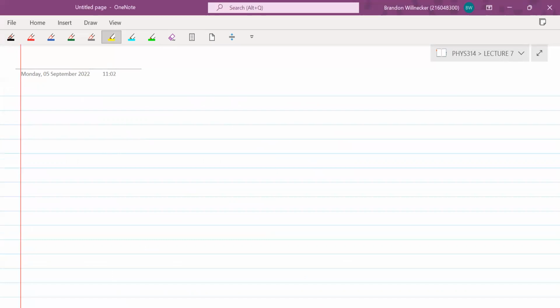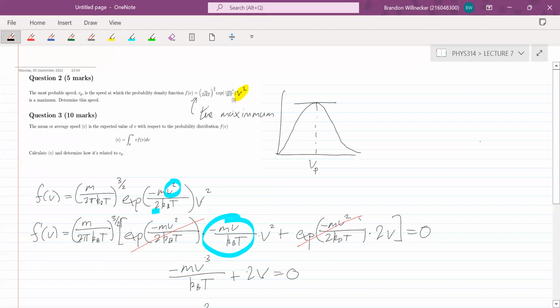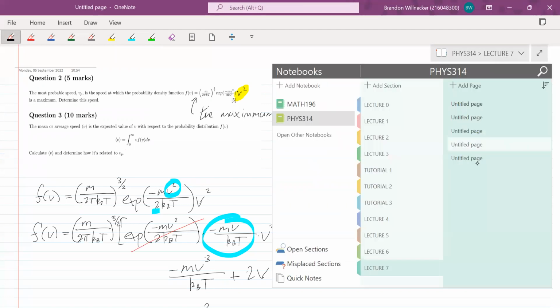Okay, so we're trying to calculate v, so that is the integral from 0 to infinity of, sorry, m over 2 pi kbt.